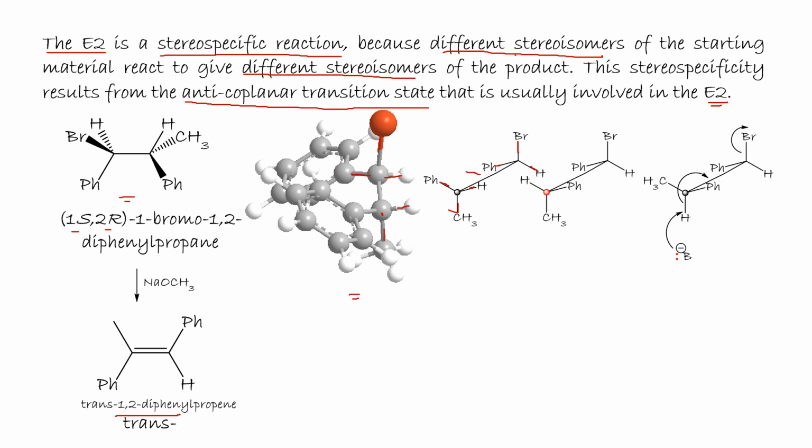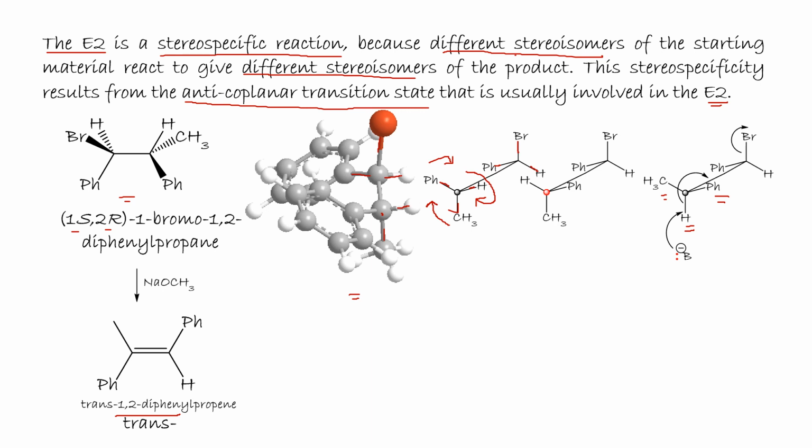Now we have to rotate this way to get the hydrogen down. So the phenyl will be on the right, the methyl will be on the left.